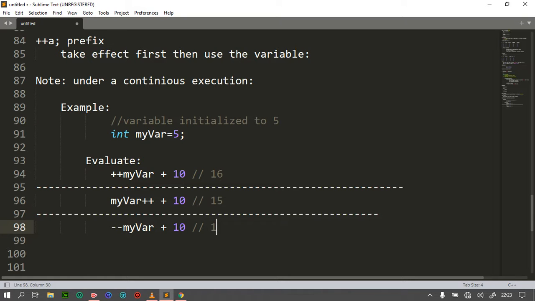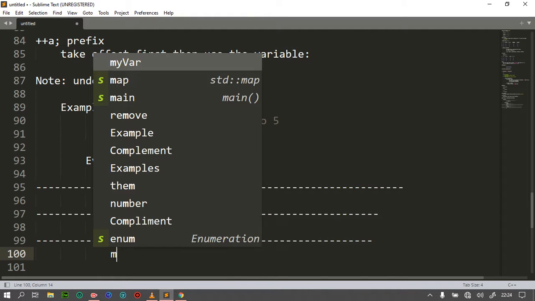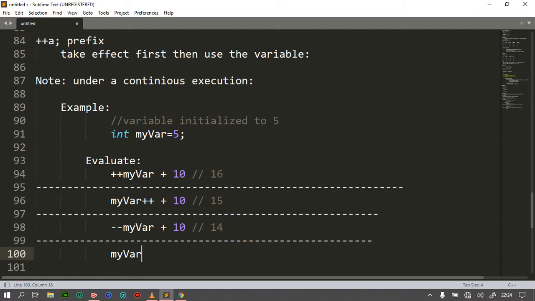So what shall we get here? We shall get 14. Once again, in another example, I can say it is myVar, a postfix decrement plus 10.